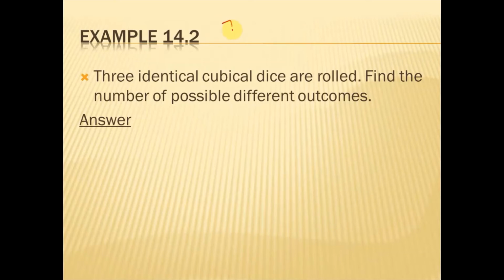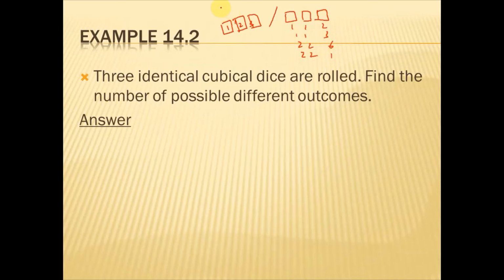Another outcome is that all are different, 1, 2, 3, or 3, 4, 5, or 1, 5, 6. Or another thing that could happen is that 2 are the same and 1 is different, for example 1, 1, 2 or 1, 1, 3 or 2, 2, 6 or 2, 2, 1 and so on.